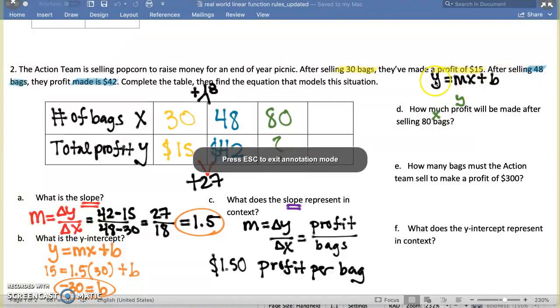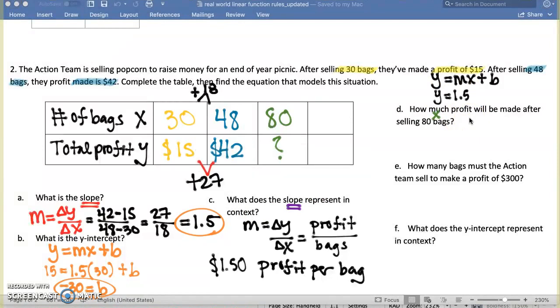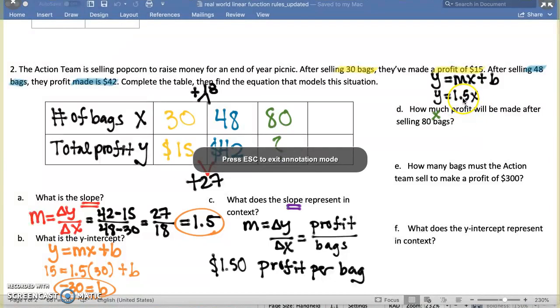And I'm going to use this equation to answer these two questions. The m we've already found, and that was 1.5. So I'm going to erase this because it's in my way. I can say y equals 1.5x, because the slope is 1.5. And then my b, the y-intercept, was negative 30 from down here. So I can just say minus 30.